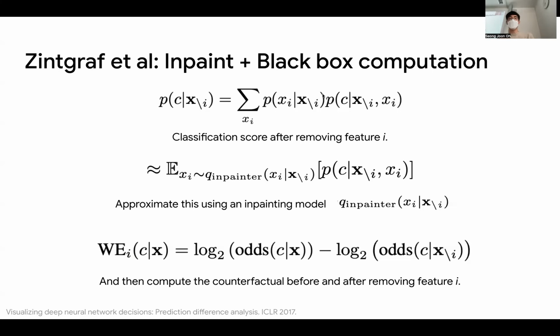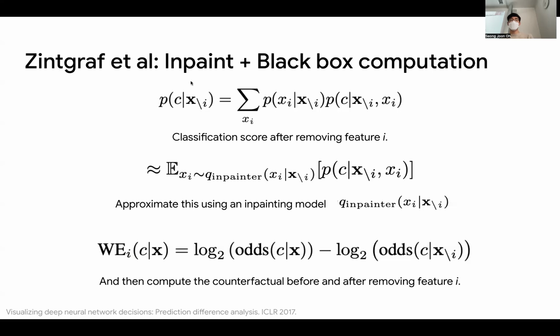So once we have this kind of model that fills in the missing information based on the surrounding pixels, we can average over multiple possibilities for this pixel value. You're going to have the function output for those different cases, and you average over them. And this is expressed in this nice expectation formulation.